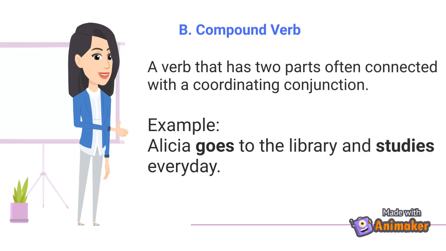The sentence means that Alicia goes to the library and Alicia studies every day. In this example, goes and studies are 2 separate verbs that make a compound verb. The coordinating conjunction and connects them.